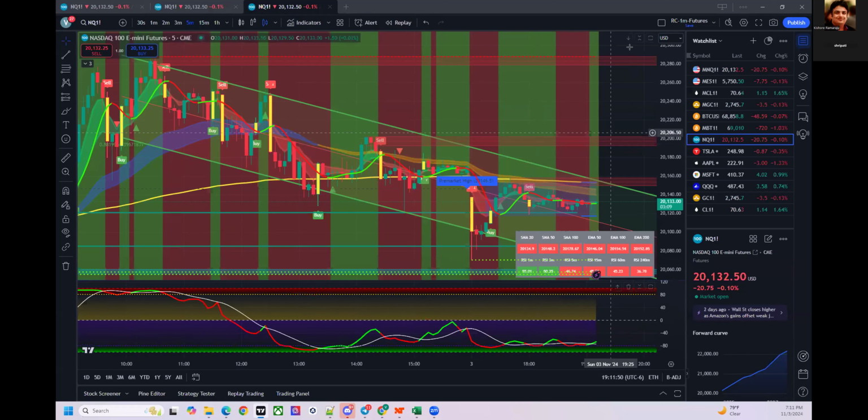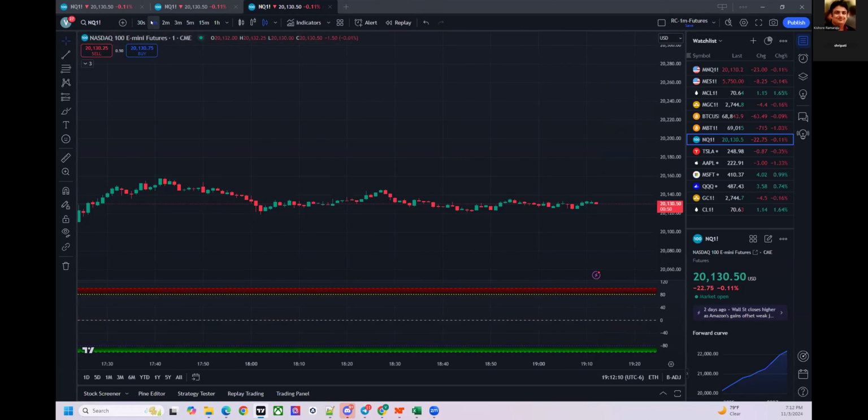In the template, you save it as default, so it will get saved. Okay, so this is NQ 5 minutes. Generally, in the US hours, you use 5 minutes. In non-US hours, you can use 1 minute or 2 minutes. Okay, 1 minute is okay.